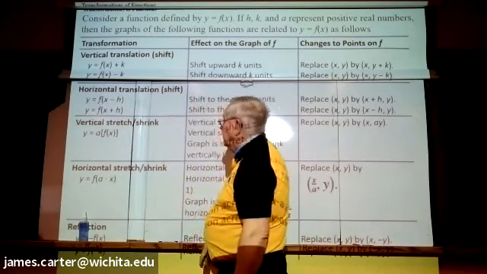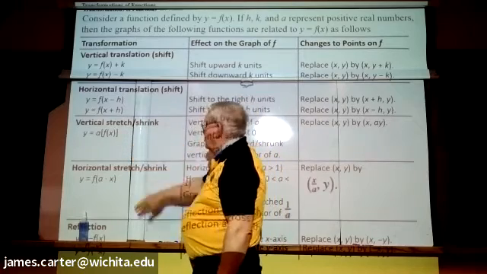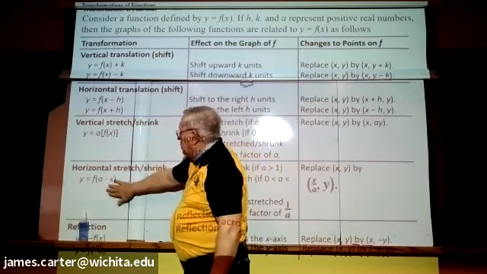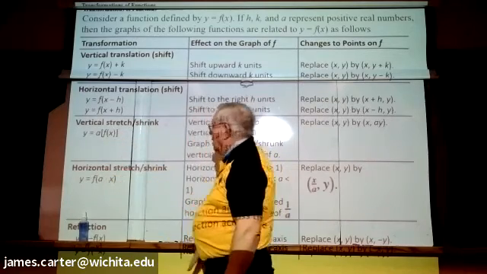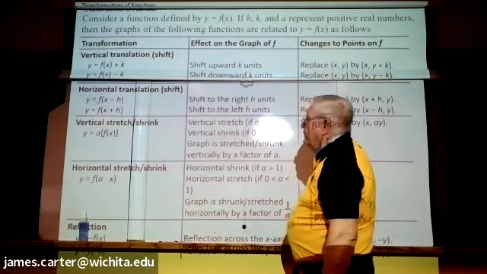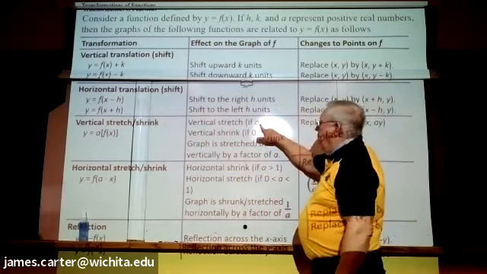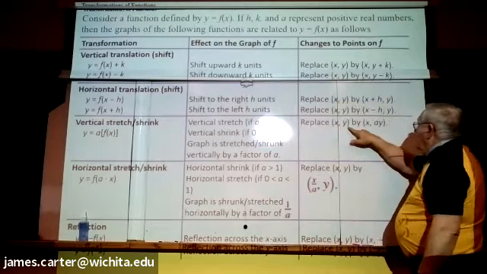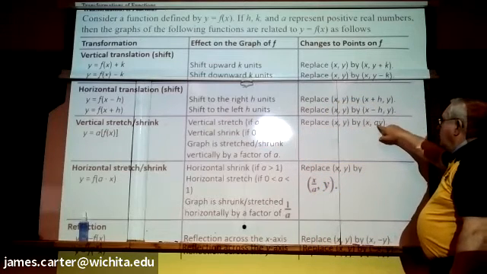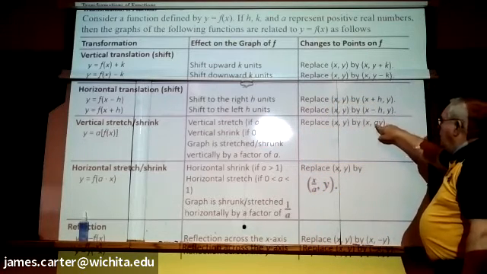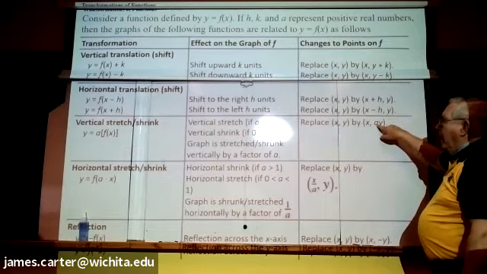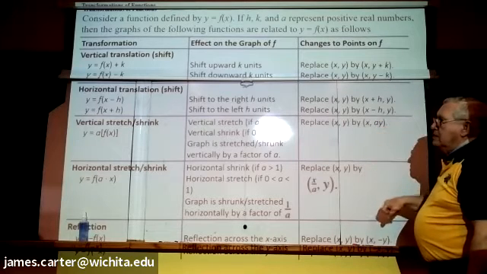Now, vertical shrink and stretch. We've got these two styles right here. For the vertical shrink and stretch, if a is a positive number, then you just multiply the y value by whatever a is.